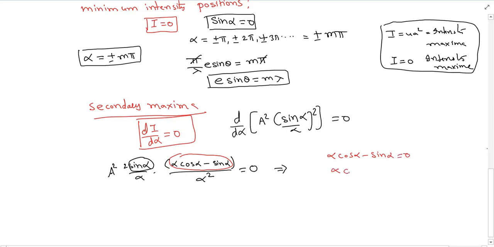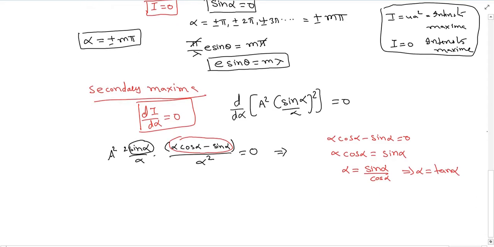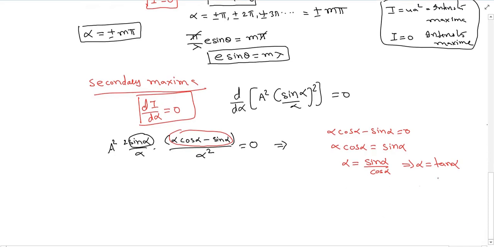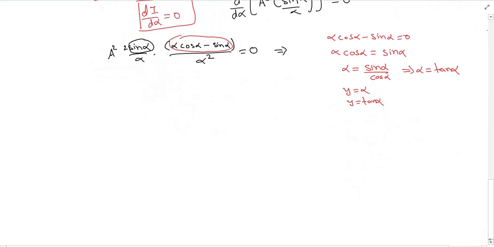It means alpha cos alpha is equal to sin alpha, so alpha is equal to sin alpha by cos alpha, so alpha is equal to tan alpha. To find the maxima, we will draw graphs for y equal to alpha and y equal to tan alpha. So let us draw the curves.